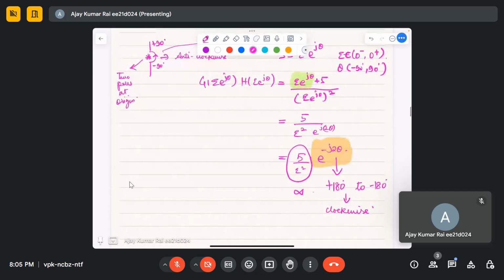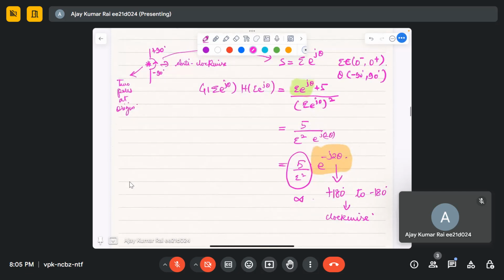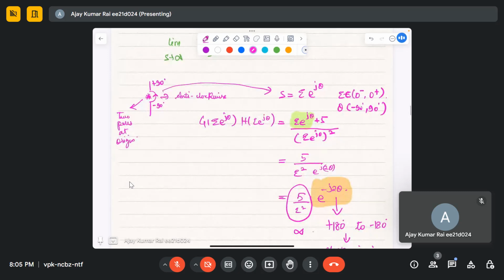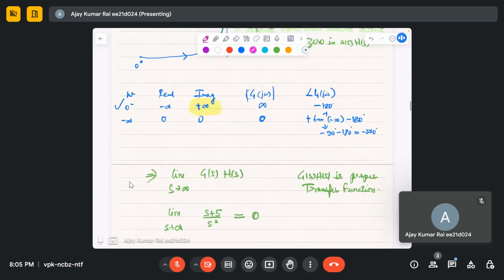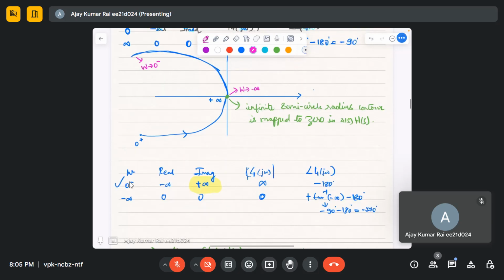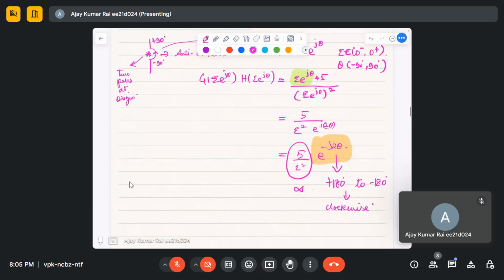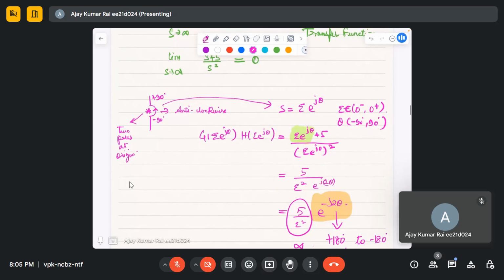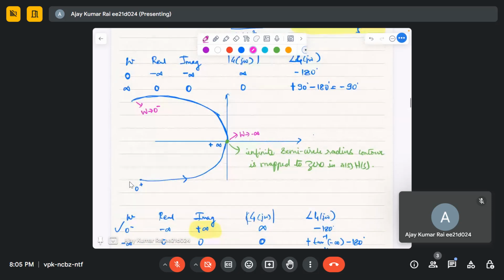If you go from 0 minus to 0 plus, you have to go from plus 180 degrees to minus 180 degrees.